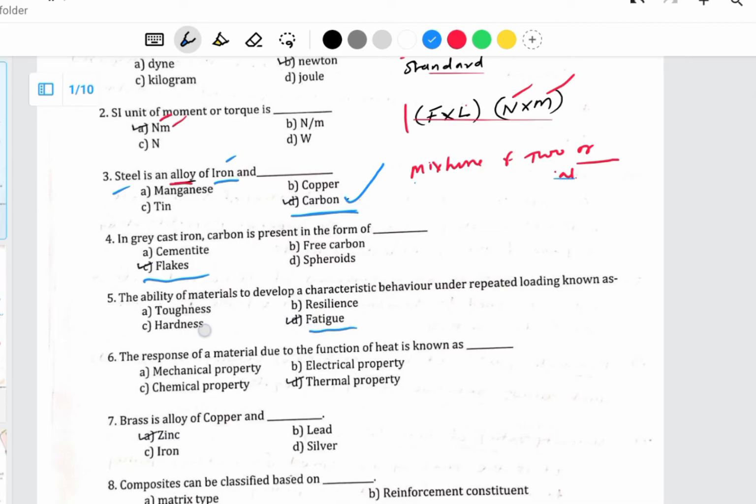Toughness and hardness are different. Hardness is withstanding indentation and scratches. Toughness is for sudden load. Resilience is in the spring, or where it absorbs shock. So for the repeated load, the correct answer is fatigue.